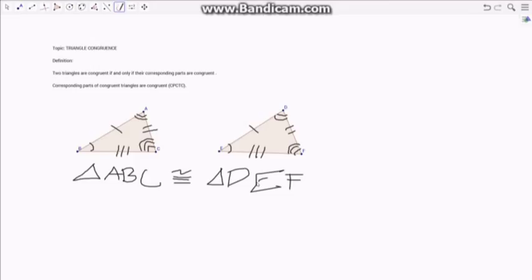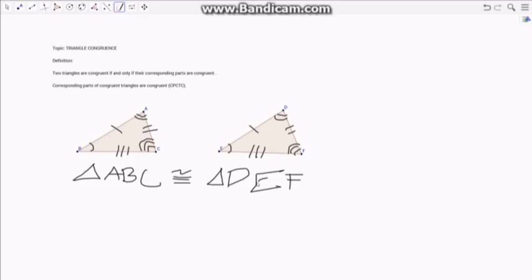At the same time, angle D is also congruent to angle E, while angle A is congruent to angle D.